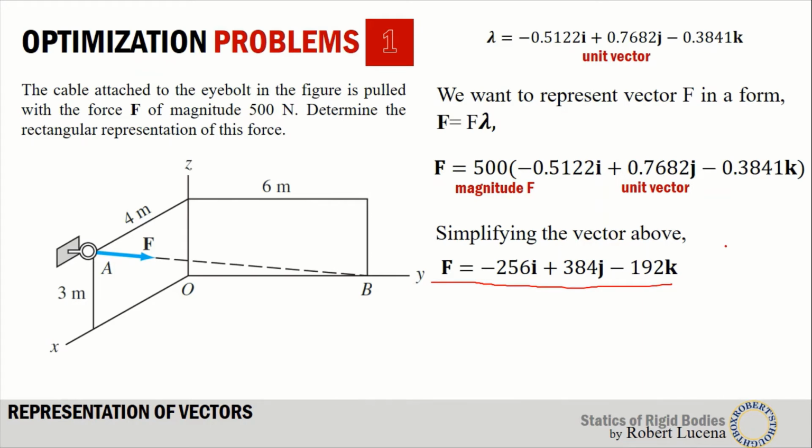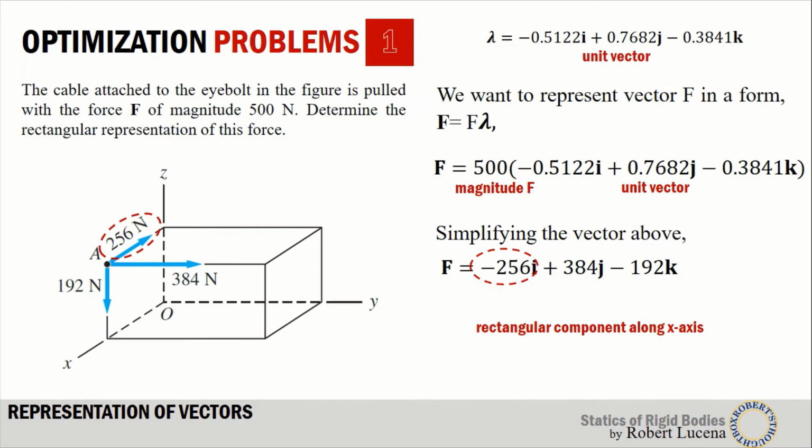Now, as you can see, with F being represented in 3 dimensions, you can easily see its components. So negative 256i is the x component or the rectangular component along x-axis. That is negative because it is directed towards the negative orientation of x-axis. So if you have wrong orientation of x-axis, you might get the opposite answer.